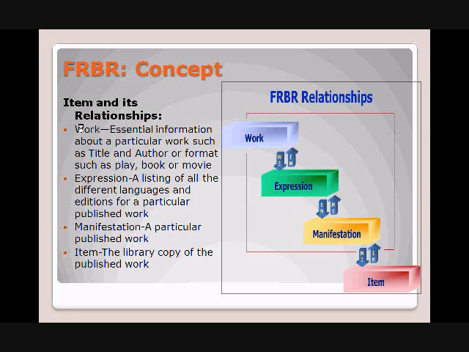And typically when I think of FRBR, I like to think of FRBR from the bottom up, because at the bottom of the item relationship hierarchy is the item itself. It's very concrete. It's what I'm holding. It's what I'm looking at. And as you go up the hierarchy, the concept becomes more and more abstract. So when we're talking about item, we're talking about basically what we have in hand, the library copy of the published work.